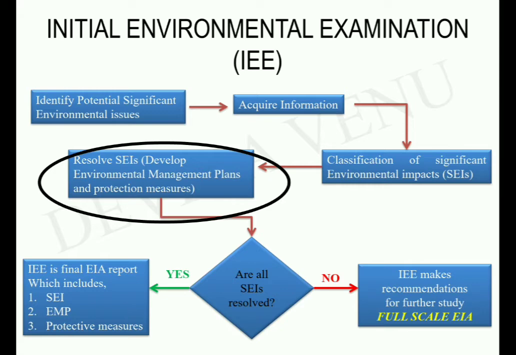Suppose you will cover this particular area, or you will give the barricade over that particular place so that the sediments won't come to that particular water or the surface water area, like that. Okay, so various mitigation measures you are giving for each impact. Okay, so you are developing an environmental management plan.